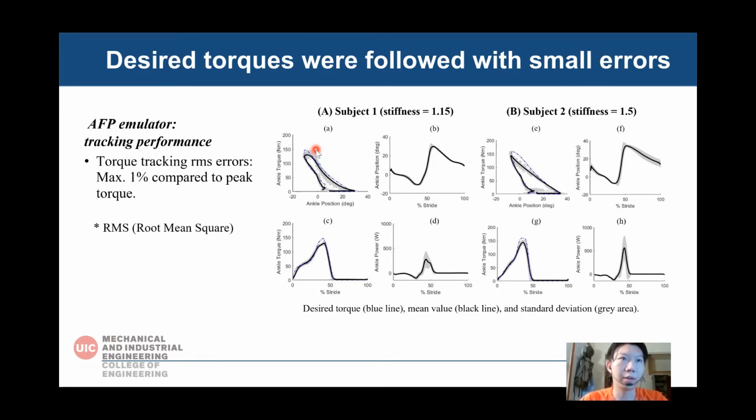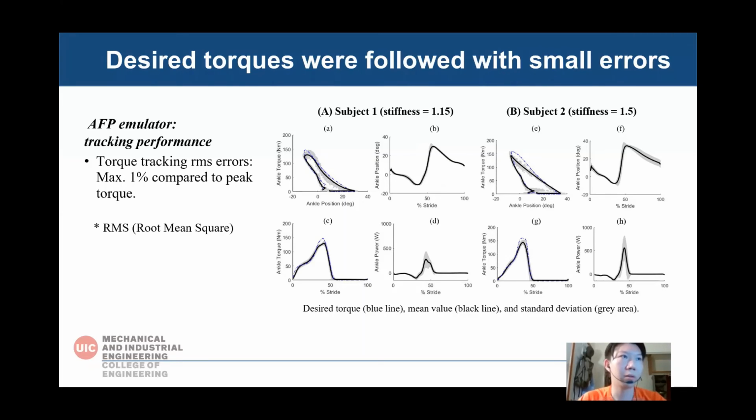The first curve is the angle torque curve, and then the ankle position, the ankle torque tracking performance, and finally the ankle power. So from the data, we can say the ankle foot prosthesis emulator presents a wide range of torque with a small tracking error, which is less than 1% compared to the peak torque for all conditions.